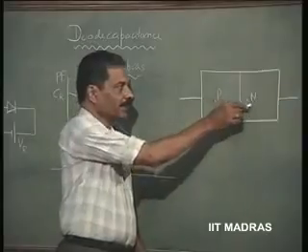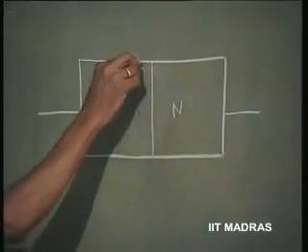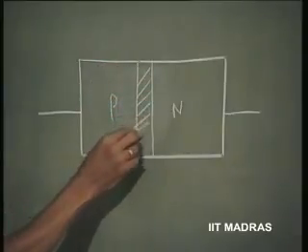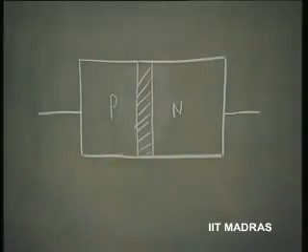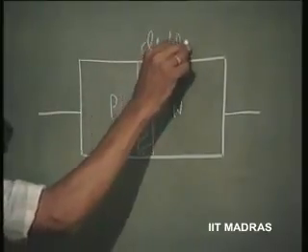When it is a PN junction like this, at the junction we have a region depleted of carriers, free carriers. This region is called the depletion region.